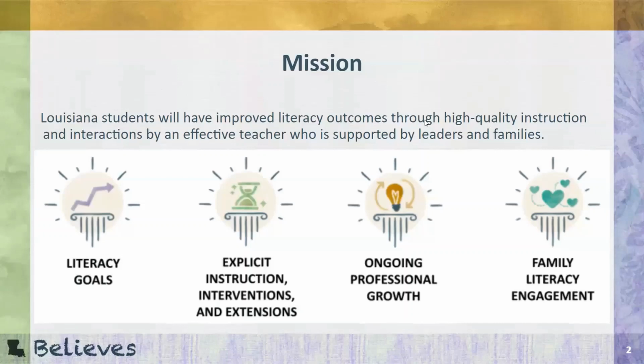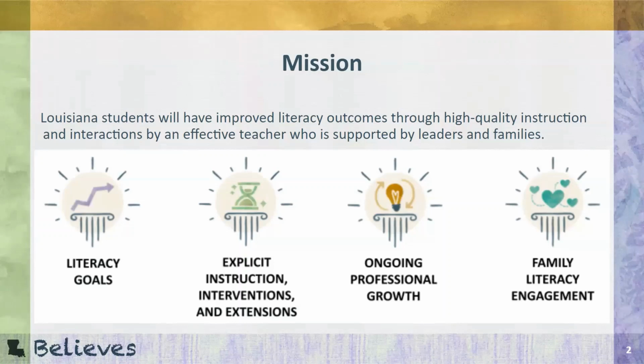Before we begin, however, it's important for us to understand the mission of Louisiana literacy, which is that Louisiana students will have improved literacy outcomes through high-quality instruction and interactions by an effective teacher who is supported by both leaders and families. To this end, our 4 pillars guide that work. We know that it is essential to set and monitor meaningful literacy goals for all students.